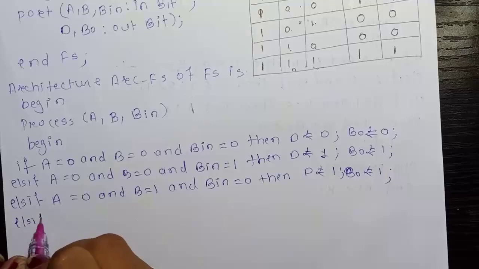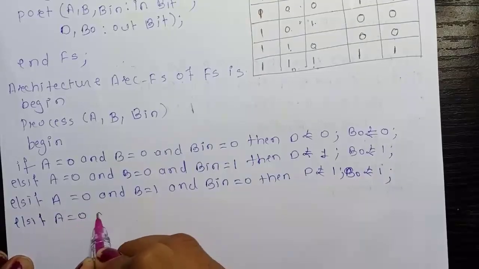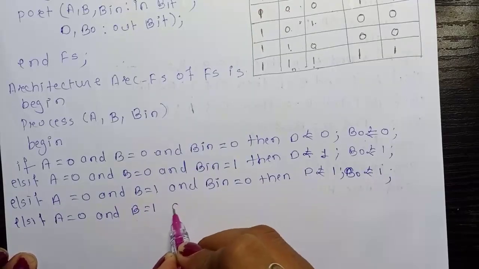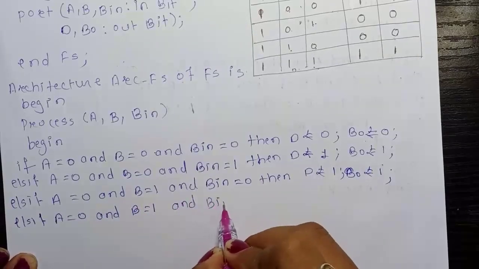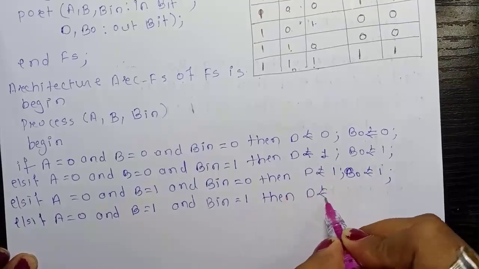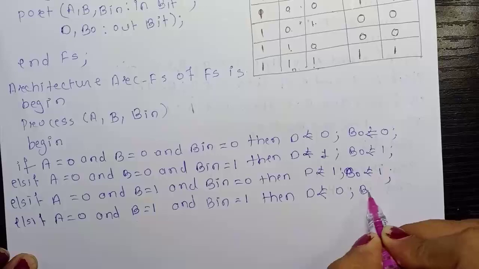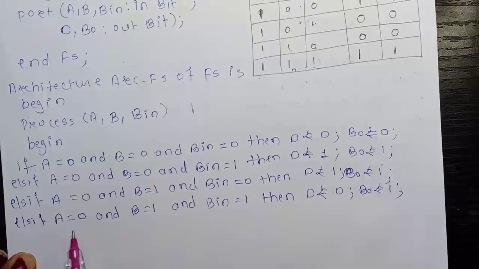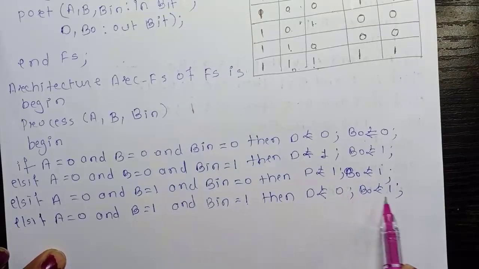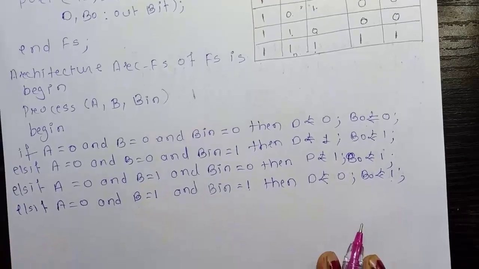Then fourth condition, A is equals to 0, B is again equals to 1 and borrow in is 1, then I will get difference 0 and borrow 1, because 0 minus 1 is 1 with borrow 1. Okay, then this 1 is again subtracted with this 1. So 1 minus 1, 0. So I get difference 0 and my borrow is 1.